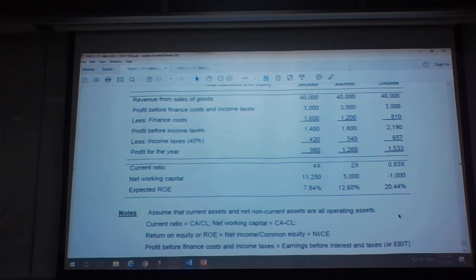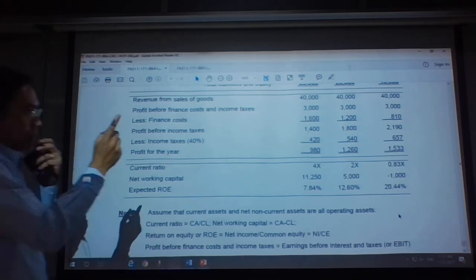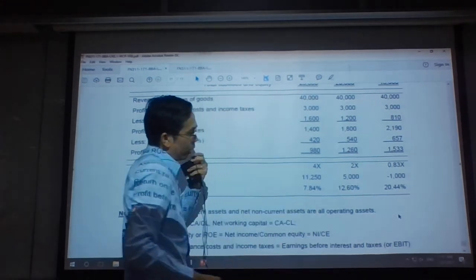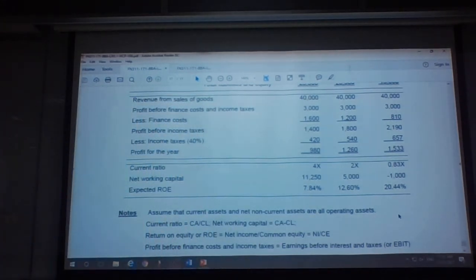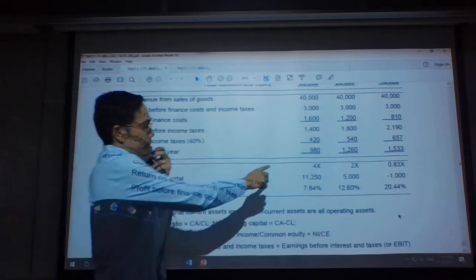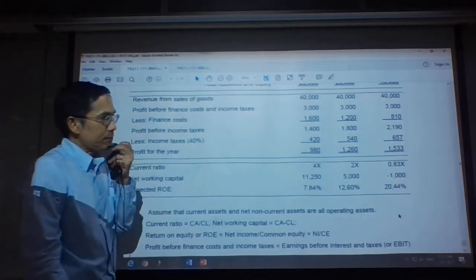So for the more conservative one, you should expect the lowest return on assets, because you hold a large amount of assets, especially net operating working capital, that yields low return.